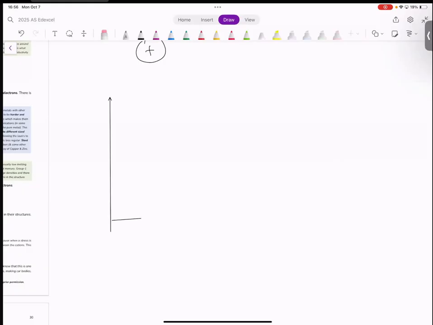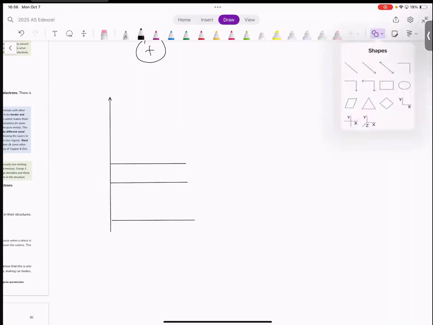Like, let me just draw it. Where they showed lines, and these are energy levels of electrons. You'll find this is a very common way to describe the energy of electrons. So you'll see the gap between the lines is gradually decreasing.